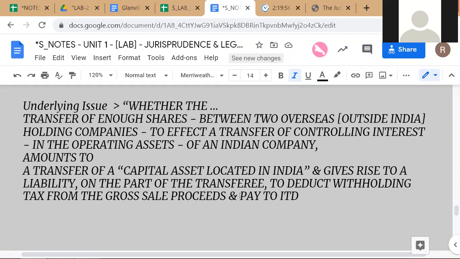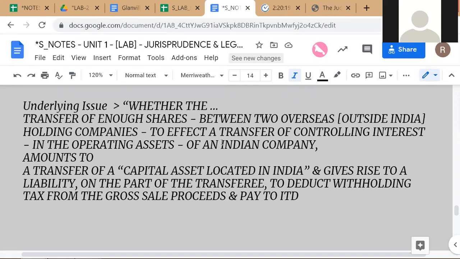You can make this even more abstract by saying, instead of this, in the jurisdiction where the operating assets are located, whether it gives rise to a taxable transaction in that jurisdiction.